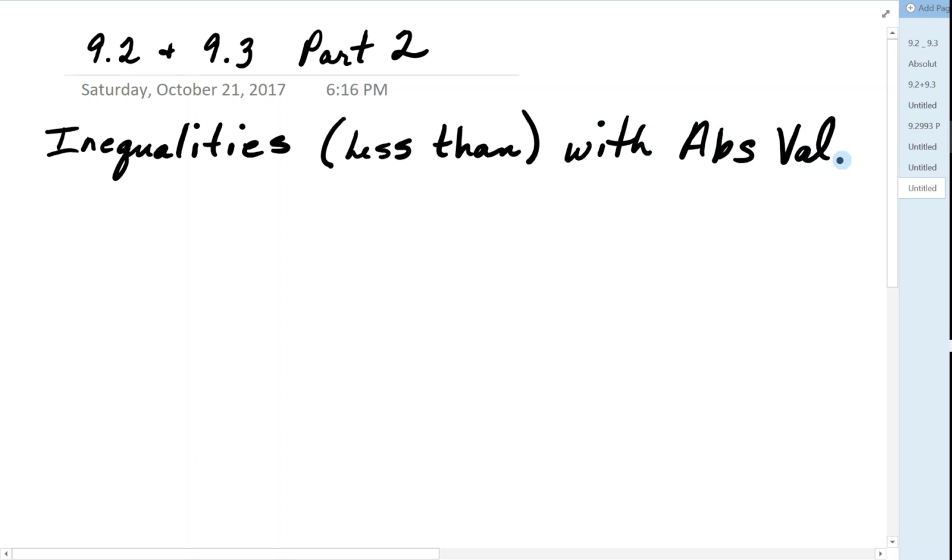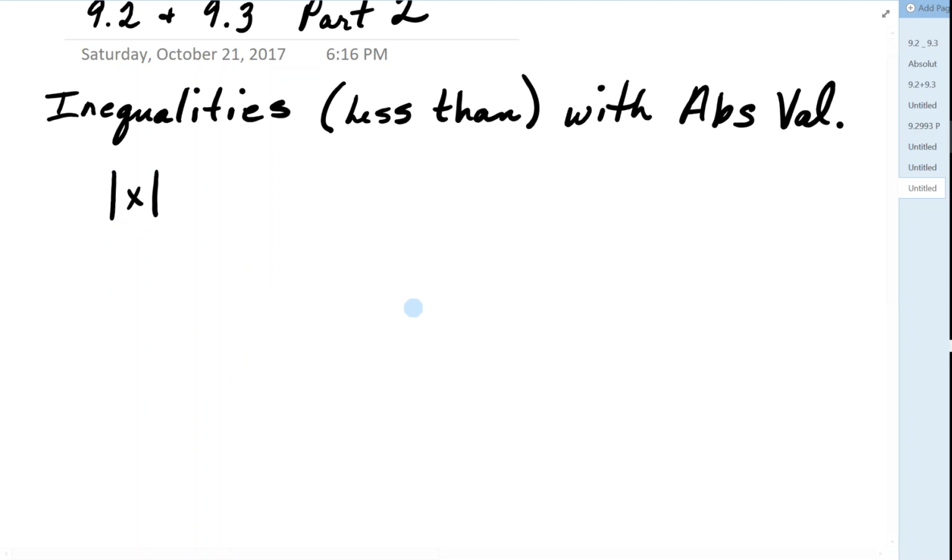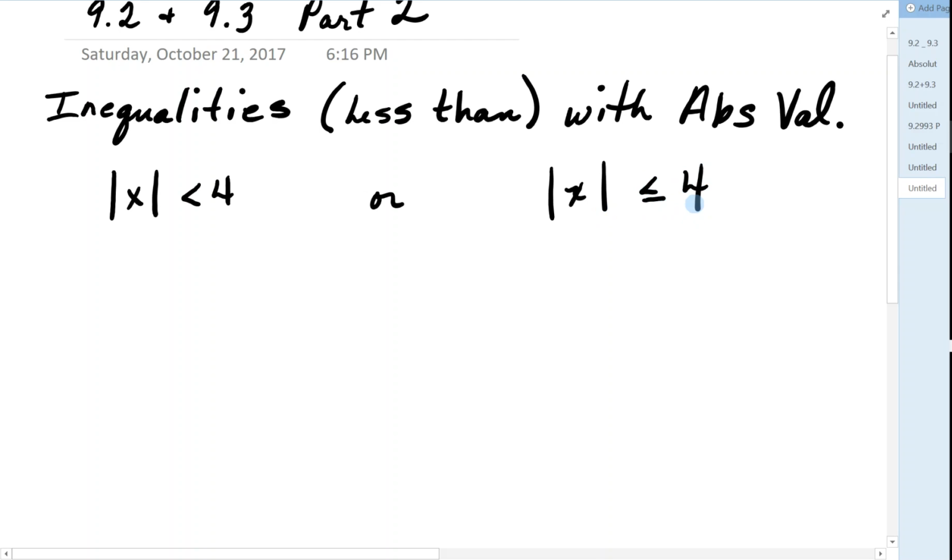So I'm going to be looking at problems to solve that look like absolute value of x less than 4, or absolute value of x less than or equal to 4. Those are still in the same category of less than.